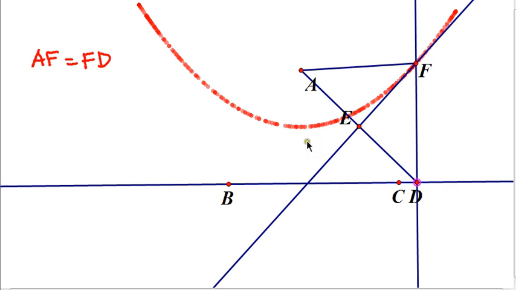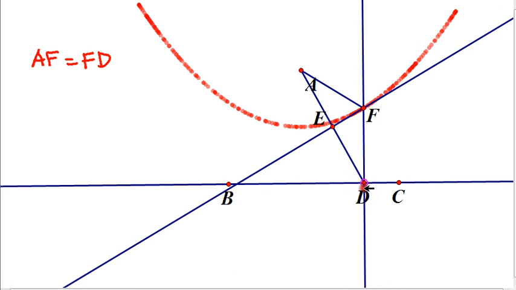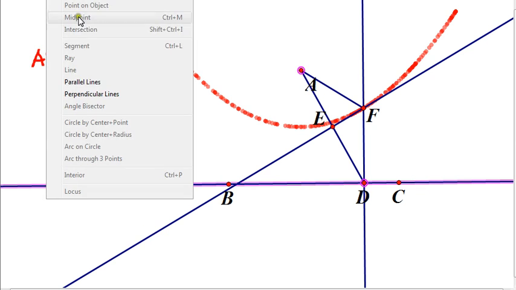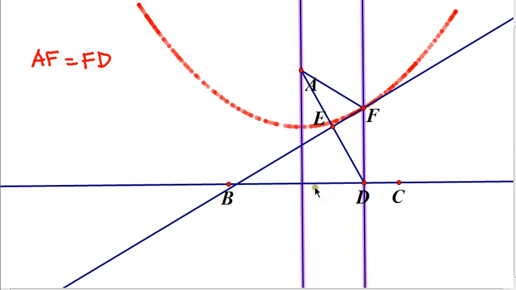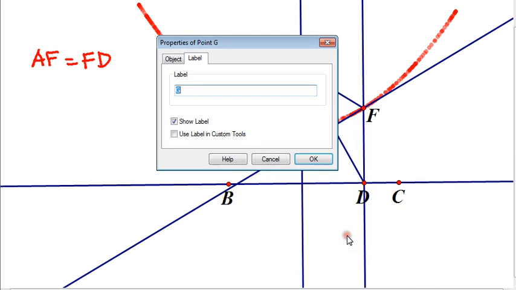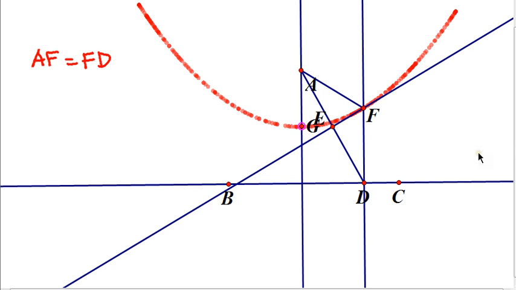It may be further noted that if we draw from A a perpendicular to the directrix, we can see easily, we hide this line, that this becomes the axis of the parabola, and also this point, which we label as G, becomes the vertex of the parabola.